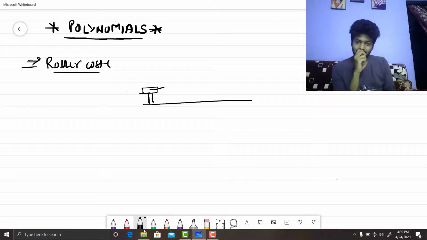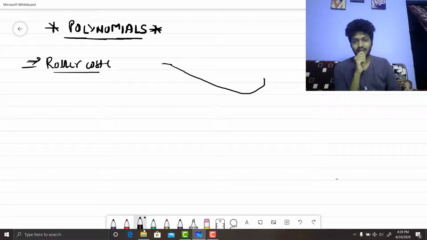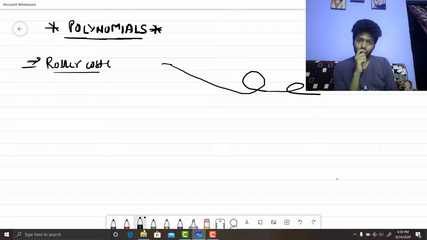A roller coaster follows a certain path. If I draw a rough diagram, it starts from a great height and then it twirls and spirals. Do you think they make these turns and curves randomly?